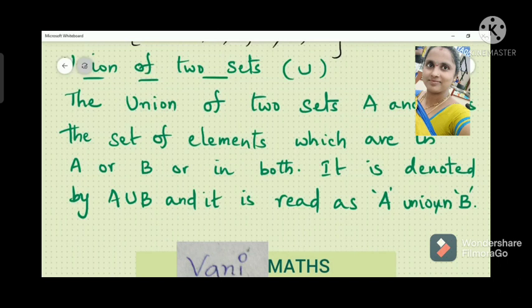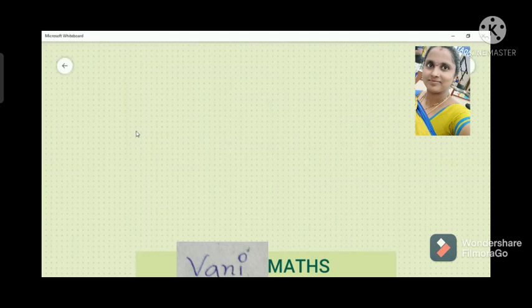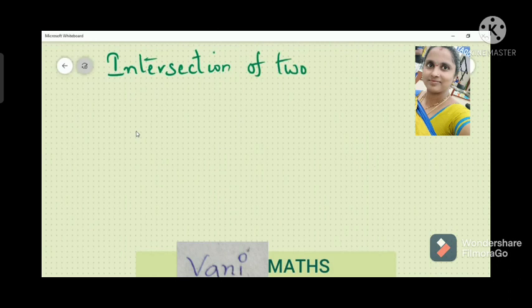And we will solve some problems later. First, we discussed all the operations on sets. So let us move to intersection of sets. Intersection of two sets.